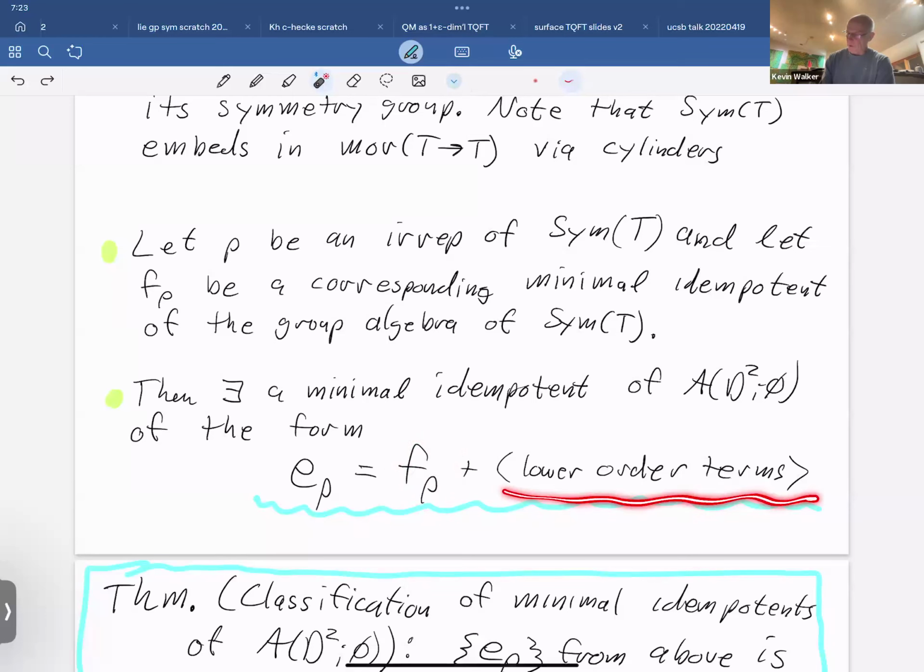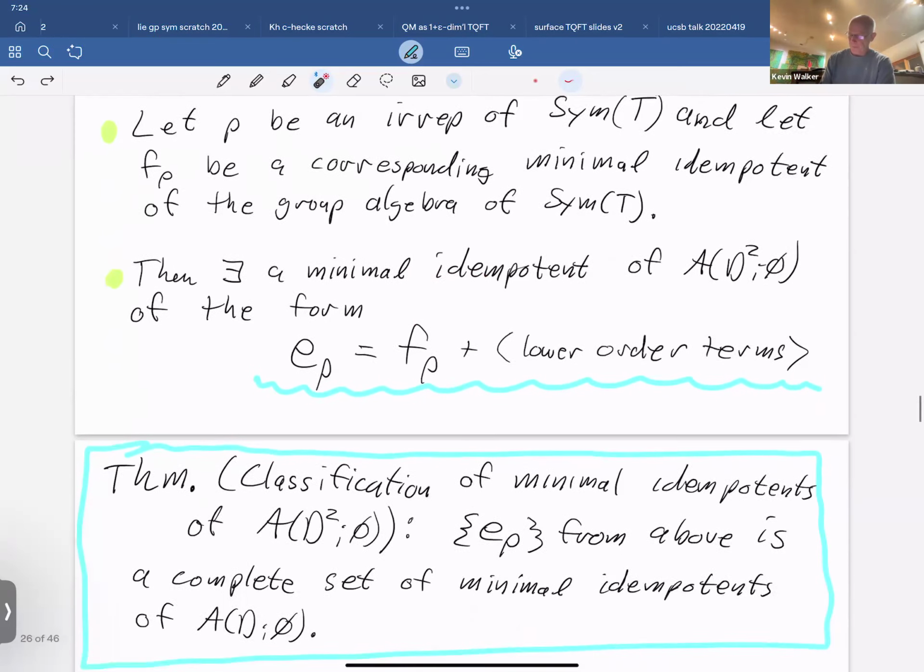And then we have some lower order terms, and by lower order, I mean that we can cut them in a way that has fewer circles. So if we were doing the usual Temperley-Lieb, this would just be some kind of trivial idempotent. This would be the identity graph, and then we would have lower order terms that have a narrower waist, and the logic is just the same in this case.